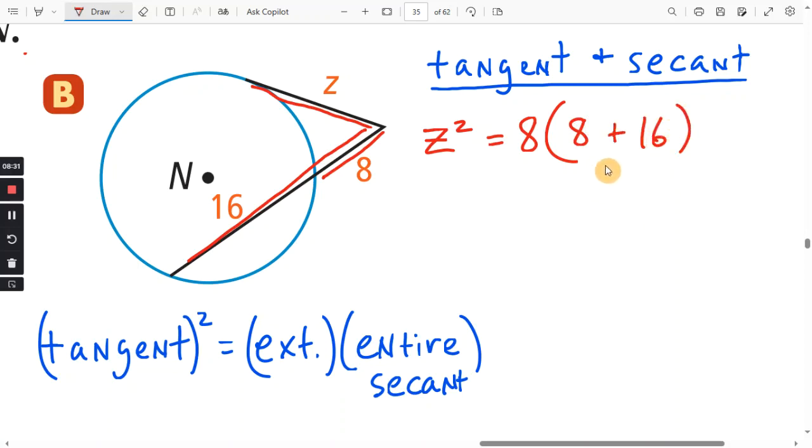Of course, 8 plus 16 is 24, and if we do 8 times 24, that's going to be 192. And that equals z squared.